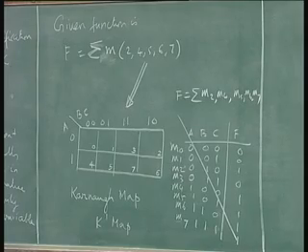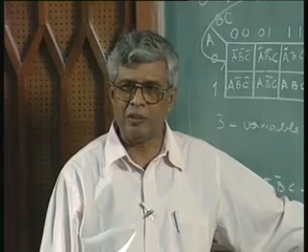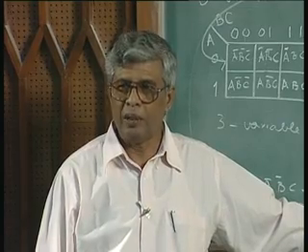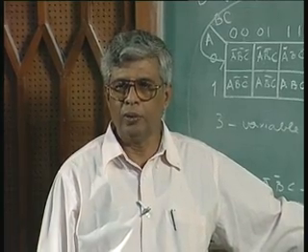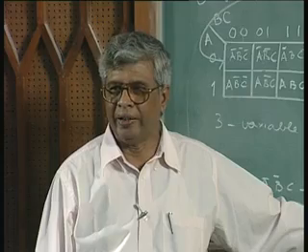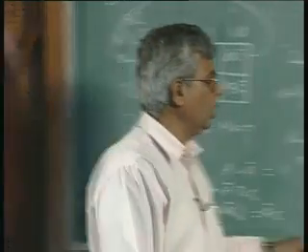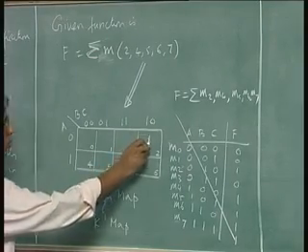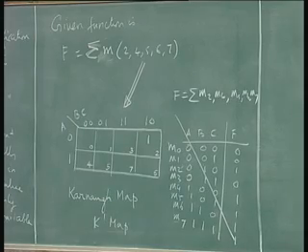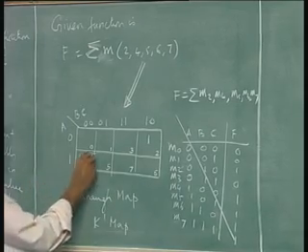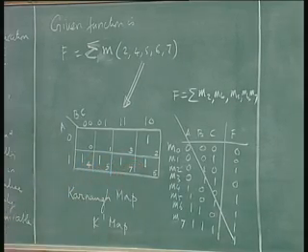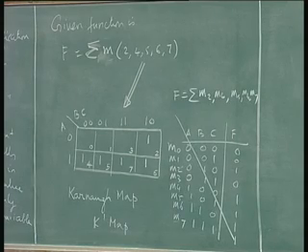My job is to map or represent on this map the minterms for which the output is 1 or true. These are 2, 4, 5, 6, 7, isn't it?